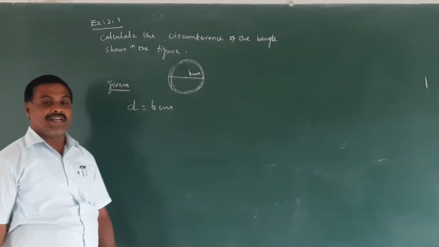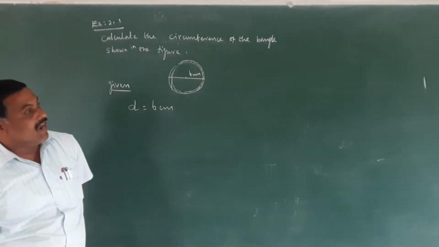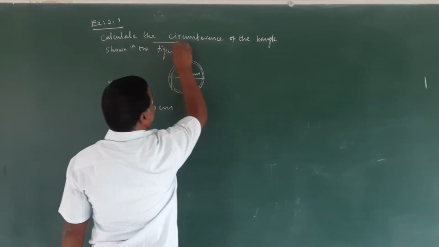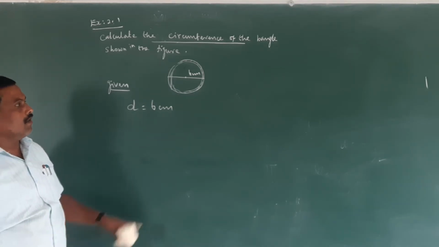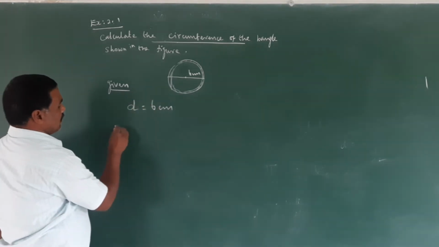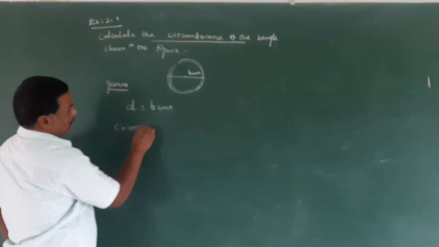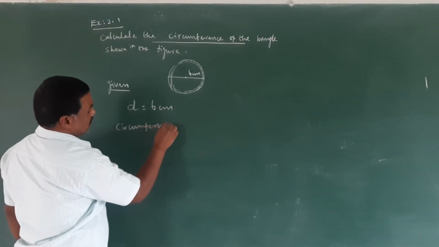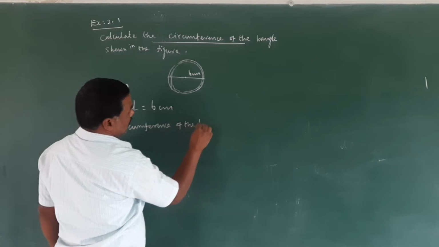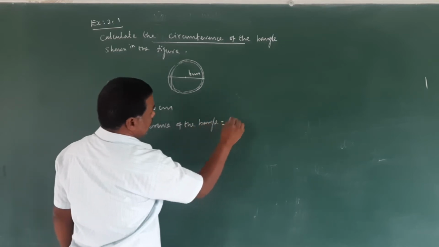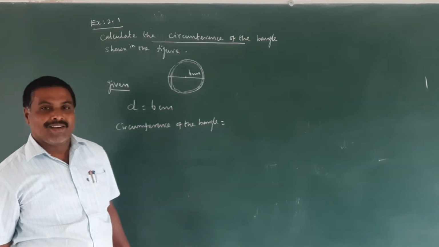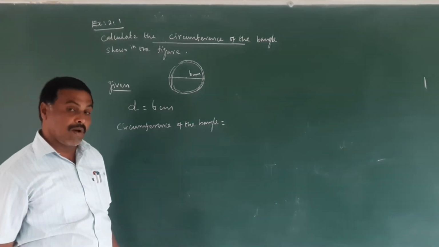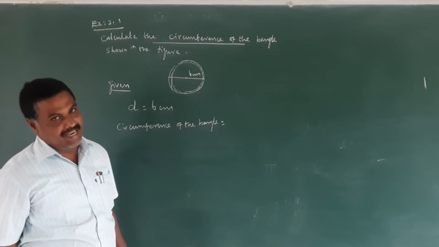Now calculate the circumference of the bangle. The formula is 2 pi r, or one more formula, pi d.